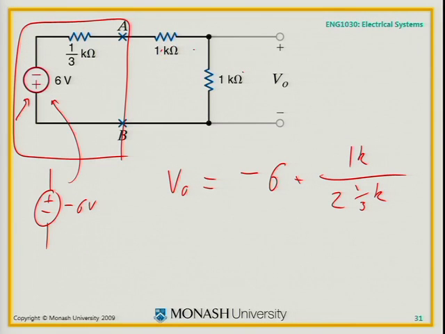So how much has dropped across the 1K? 1K divided by 2 1/3 K times minus 6, which is minus 18 on 7 volts. So again, Thevenin reduced it to a single loop circuit, which is relatively easy to analyse.